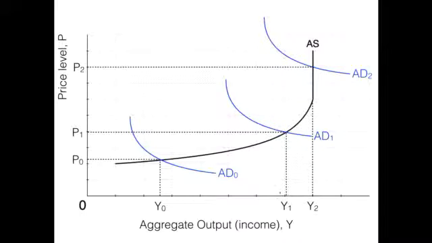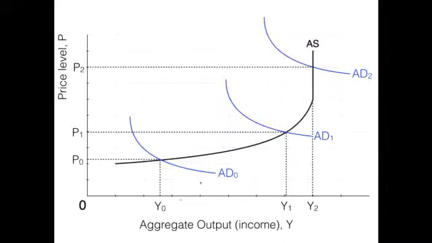If we are stimulating the economy in the section where we're more vertical with aggregate supply, you can see what the net impact is. We have a similar shift in aggregate demand from aggregate demand 1 to aggregate demand 2, and we have a much smaller increase in aggregate output and income, and a much larger increase in the price level. It's much more inflationary.